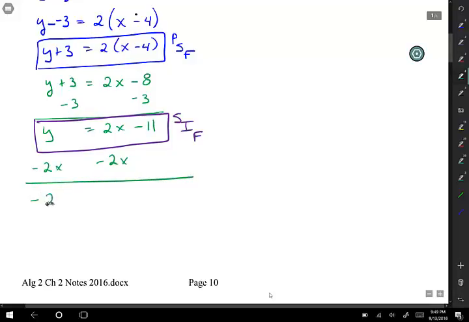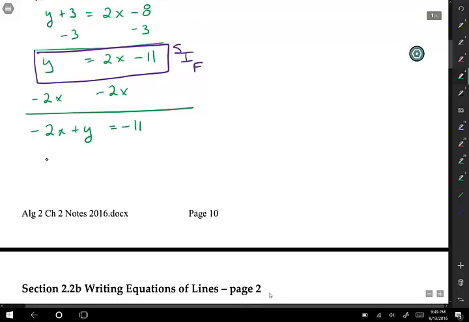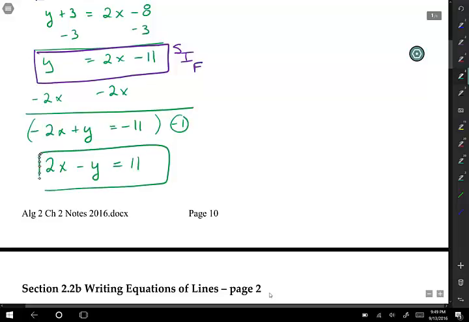That gives us negative 2x plus y equals negative 11. Honestly, most books are going to write it as 2x minus y equals positive 11, because they multiply everything on both sides of the equation by negative 1. So finally, in green at the bottom, we have our standard form.